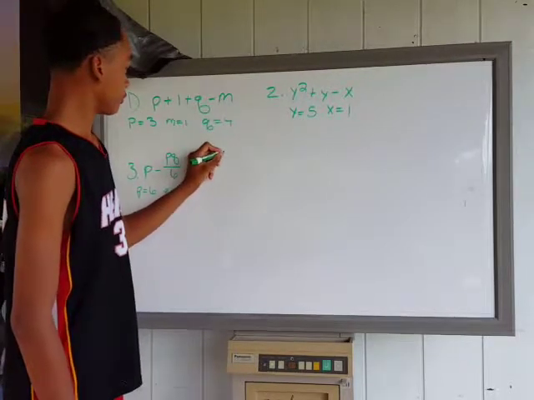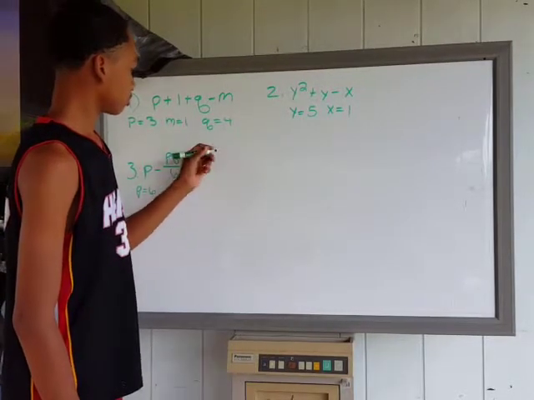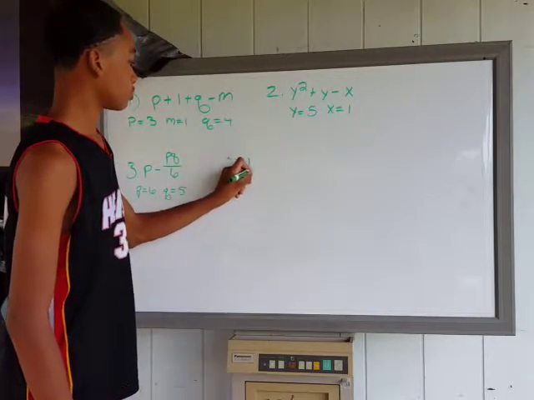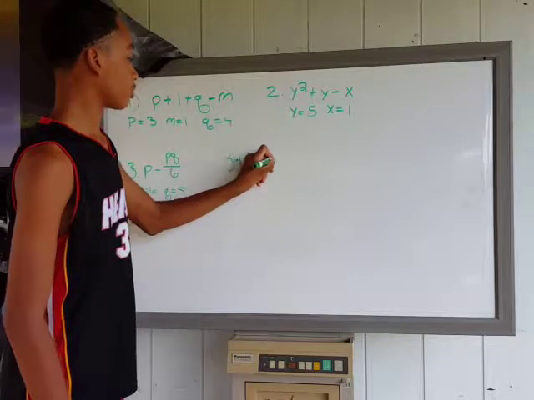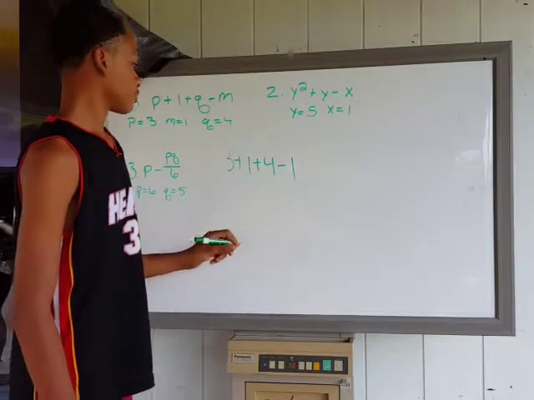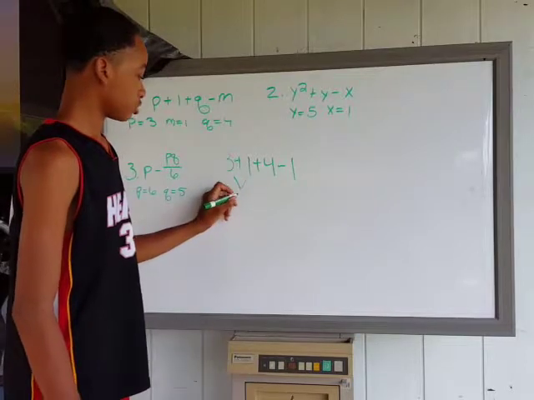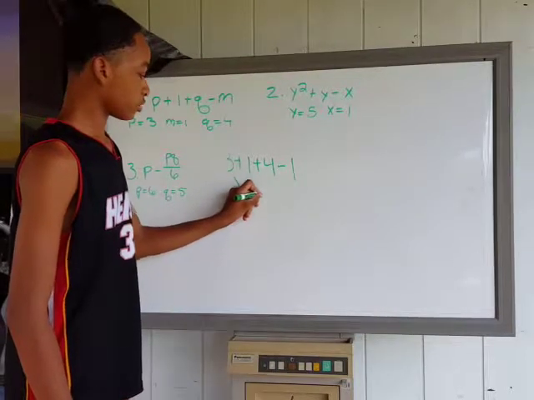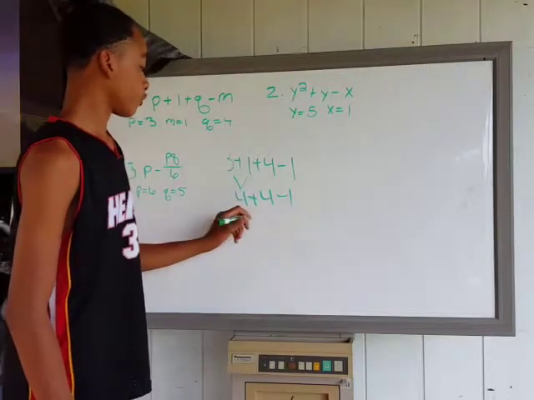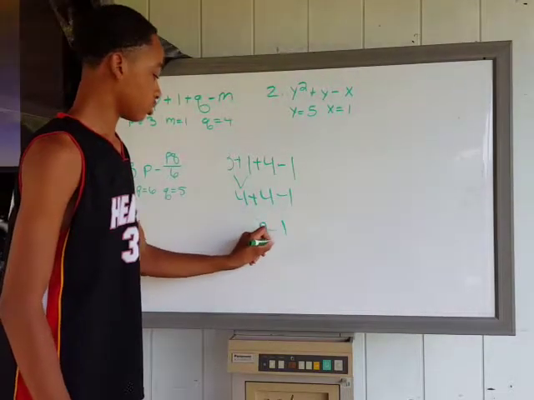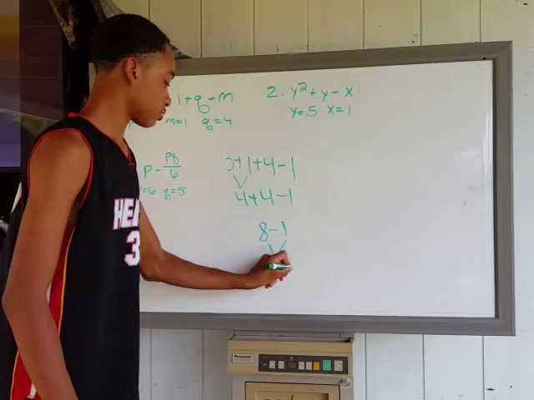So it'll be 3 plus 1 plus 4 minus 1. So then you do order of operations. 3 plus 1 equals 4, plus 4 equals 8, minus 1 equals 7.